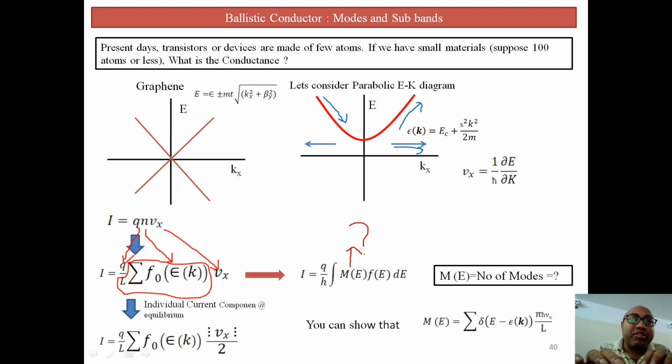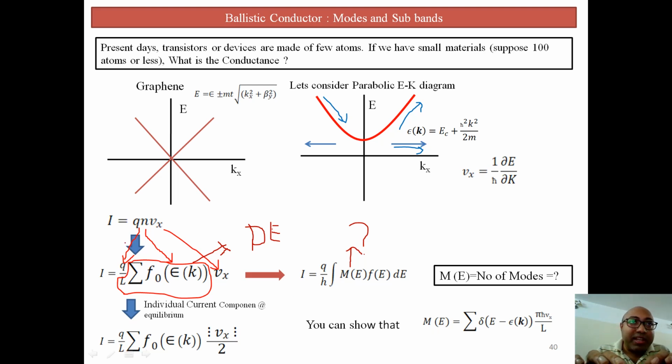So you have to rewrite this expression into another form, which is a function of density of states and Fermi-Dirac statistics. If you write this expression with the density of states, you will get all this expression nicely.